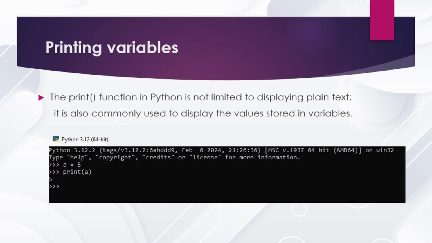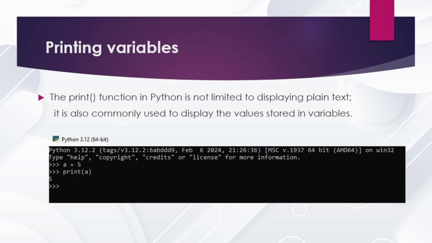Let us now look at how we can print variables using the print function. The print function in Python is not limited to displaying plain text. It is also commonly used to display the values stored in variables.